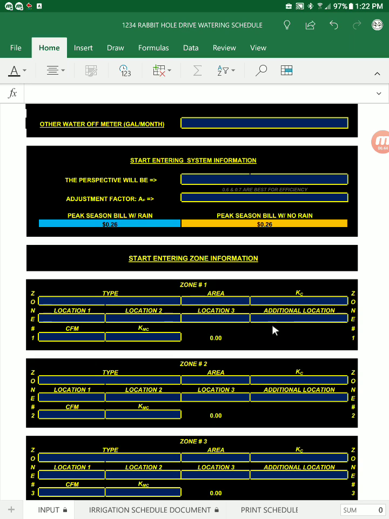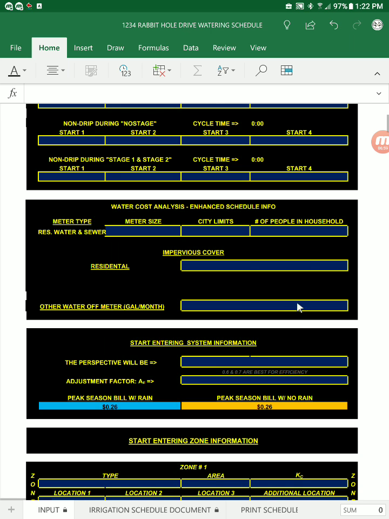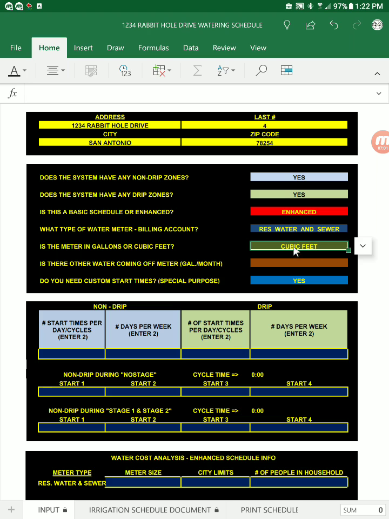Basically, if there's a total in gallons, gallons wins over cubic feet. If gallons is 0, then cubic feet wins. So it's important to get this right the first time, and don't enter stuff in the wrong spaces.